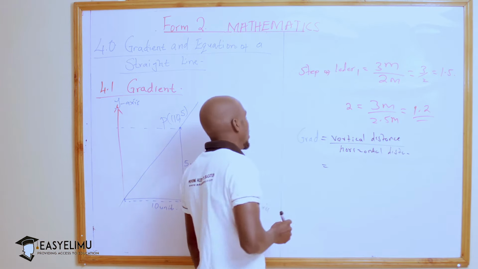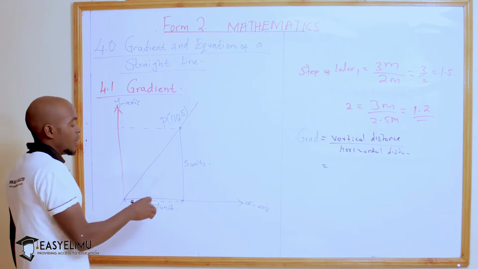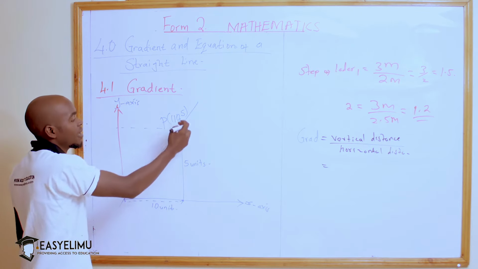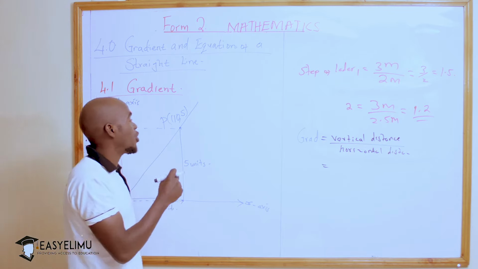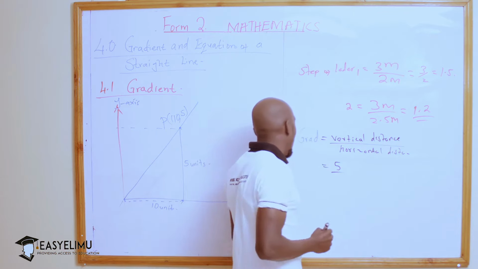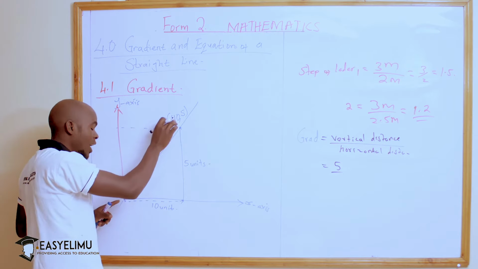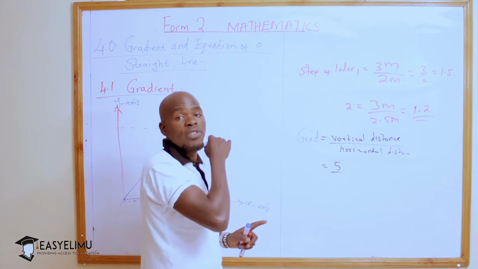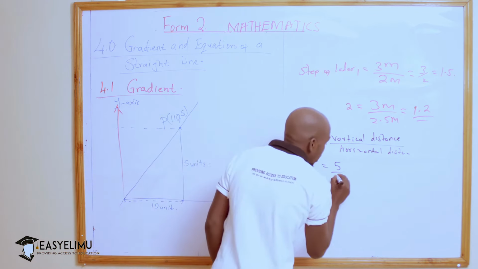The vertical distance is 5 minus the origin's 0, which is 5, and the horizontal distance is 10 minus the origin's x value of 0, which is 10.